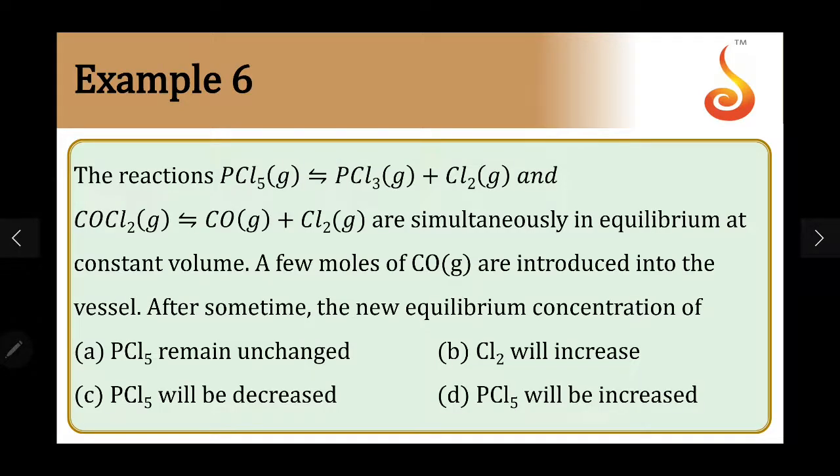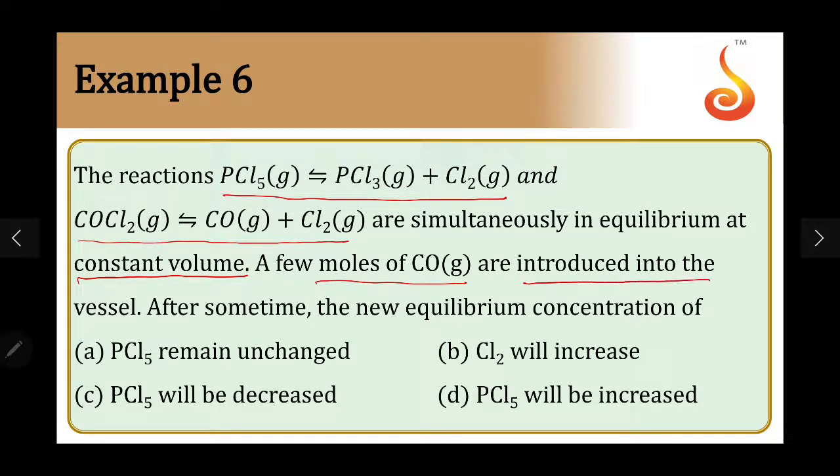Example 6. The reactions PCl5 gas gives rise to PCl3 plus Cl2 and COCl2 gives rise to CO plus Cl2. These are simultaneously attained in equilibrium at constant volume. A few moles of carbon monoxide are introduced into the vessel at equilibrium. So what is the consequence of the addition of this CO to the equilibrium? If I see the solution, if I write the two equations, what is the first equation?